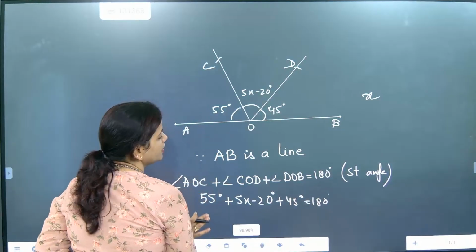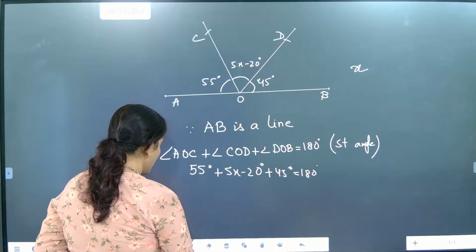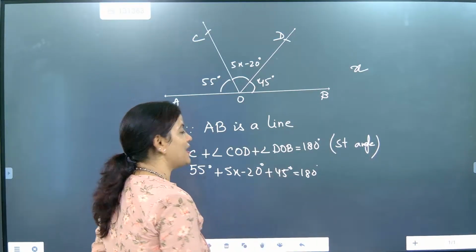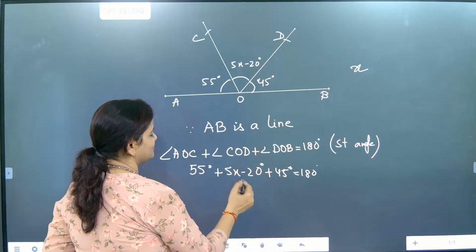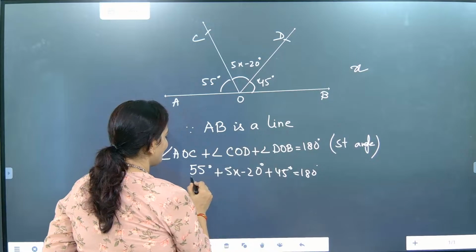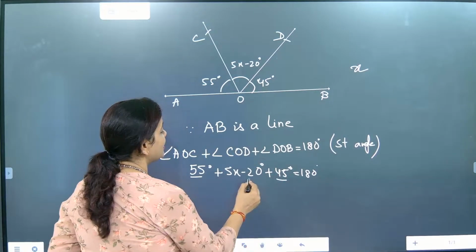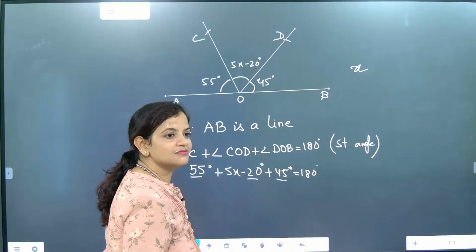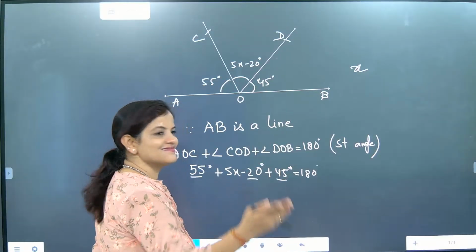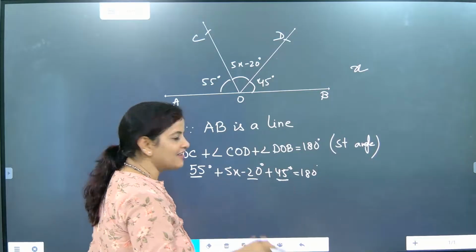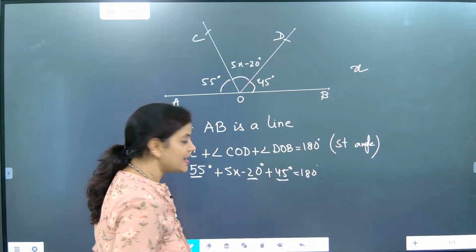Come on, children. Now last part, what we are going to do. Now tell me, 55 plus 45 is? 100. 100 minus 20, 80.